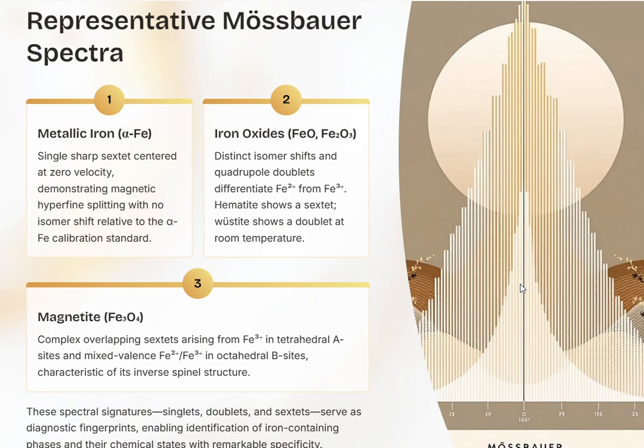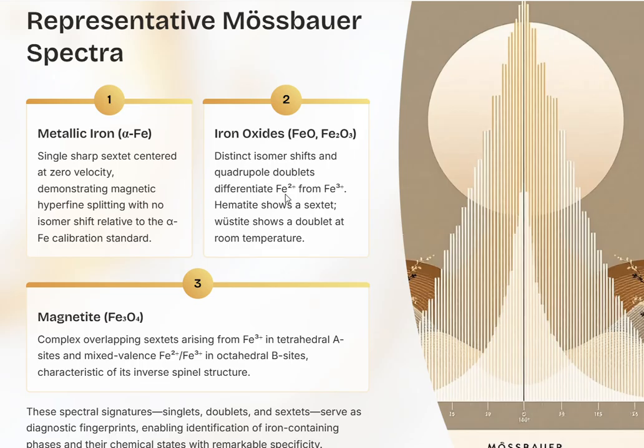Now, representative Mossbauer spectra. We have 3 cases given. First of all, metallic iron will show a single sharp 6-line pattern centered at 0 velocity. For iron oxide, the distinct isomer shift and quadrupole doublets differentiate Fe2+ and Fe3+.